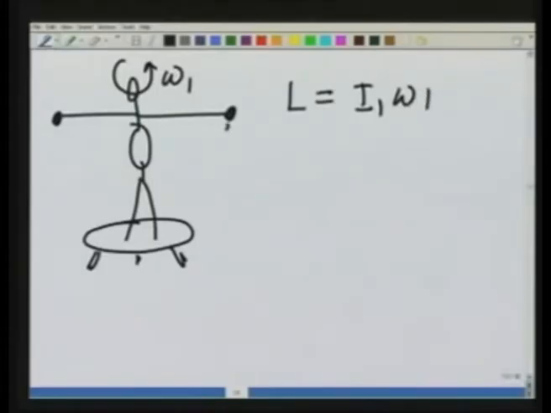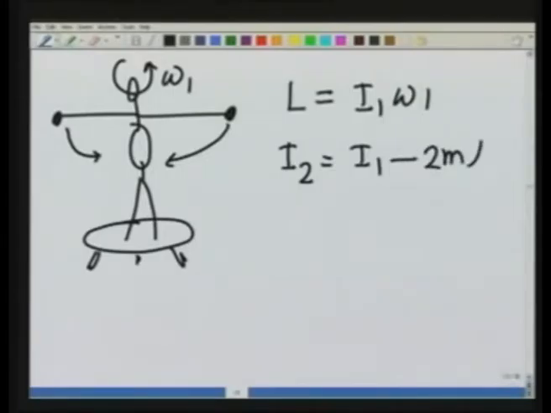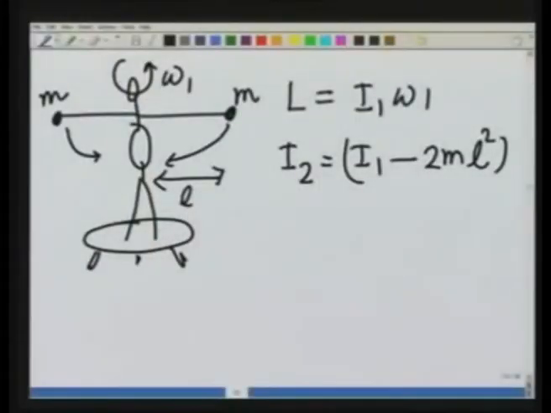As soon as I brought these masses in, I changed to I2, which was I1 minus, let us say, roughly 2 m L square, where m is the mass of each of these and L may be the length of my arm. However, there is no external torque. This platform is nearly frictionless, and therefore, angular momentum must be conserved.